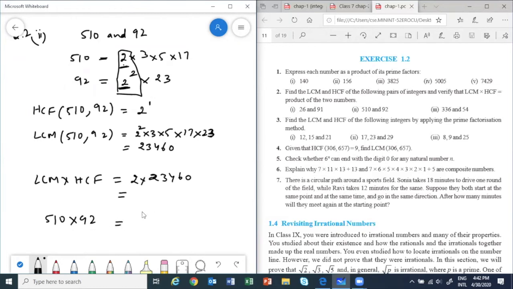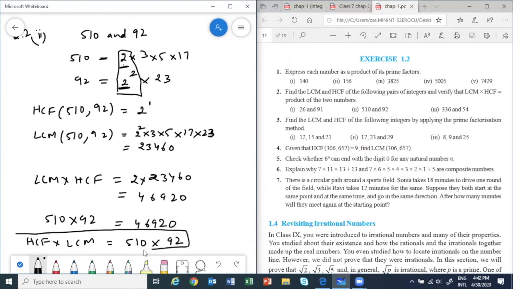They will come equal. So if you do, this one will be 46920 and this also is 46920. Okay, so both are equal. So HCF into LCM is equal to 510 into 92, the product of the numbers. So the result is true.